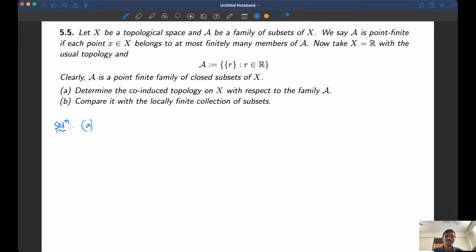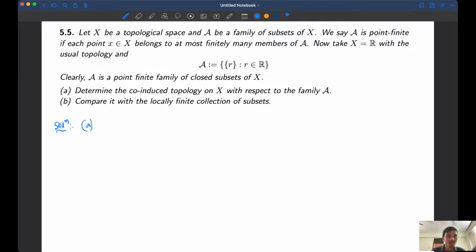If you take the singleton {r} and intersect with each singleton, say {s}, then that is either phi or {r} itself. So in any case that is open in this collection, so it will lie in your co-induced topology. It just follows from the definition of co-induced.